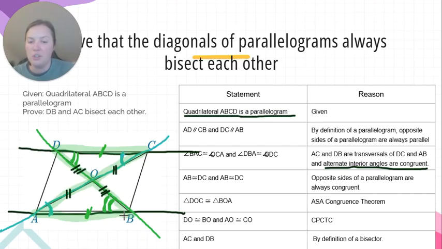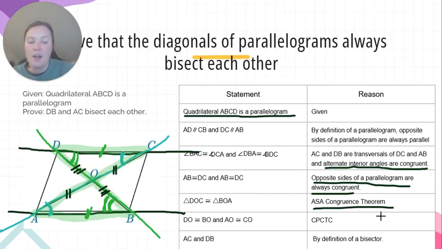We know that these angles are congruent to each other. Now, opposite sides of parallelograms are always congruent, so that's where we get that these two sides here are congruent to each other, which gives us that triangle DOC and BOA are congruent because of angle, side, angle.